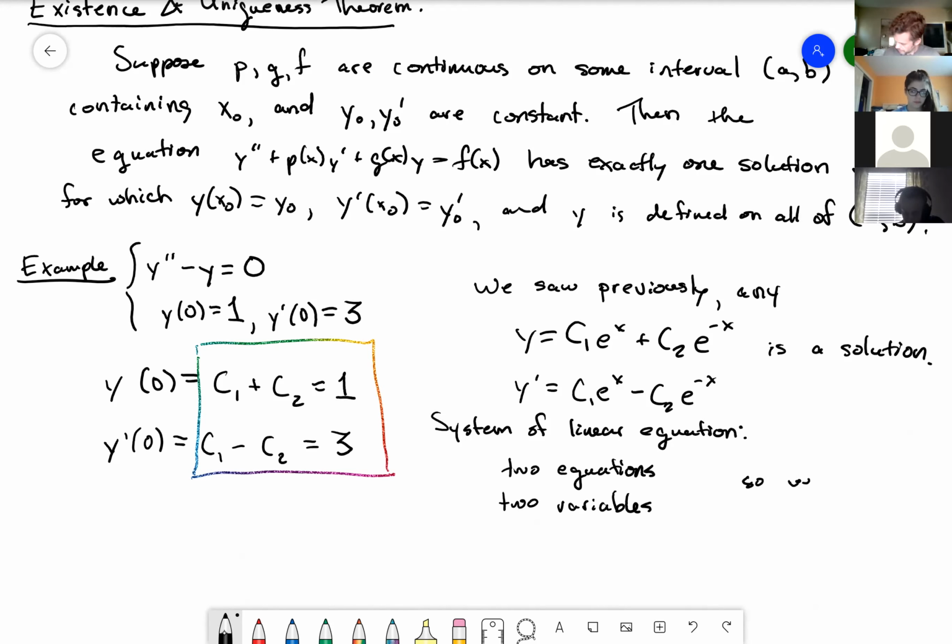So we have some hope of finding a solution. In general, if we had too many variables, we wouldn't have a unique solution. And if we had too few variables, then in general, we wouldn't have a solution at all. But we have just the right amount of equations and variables.